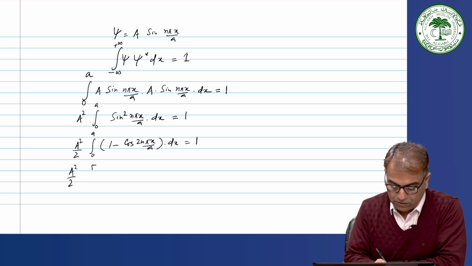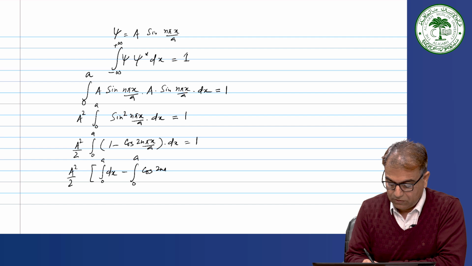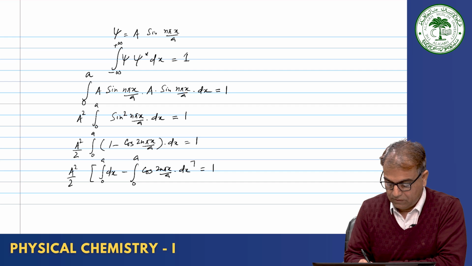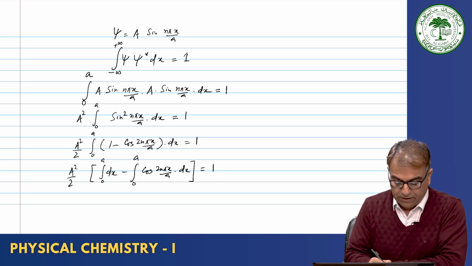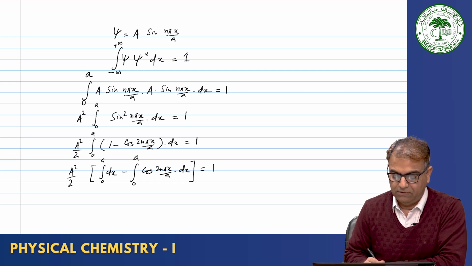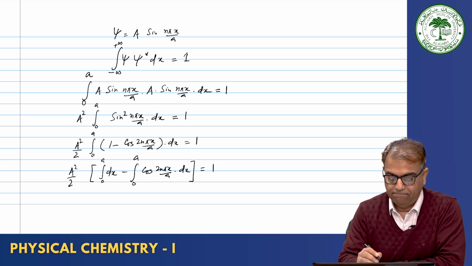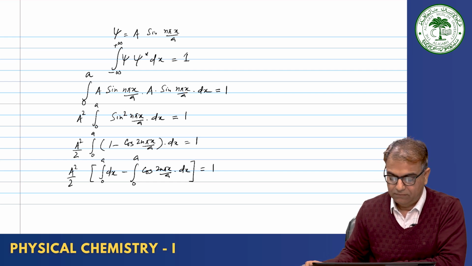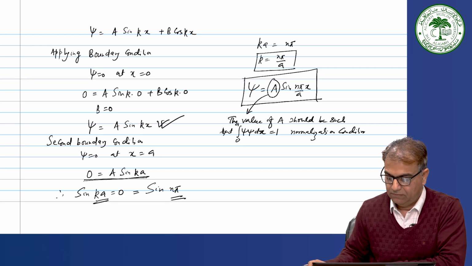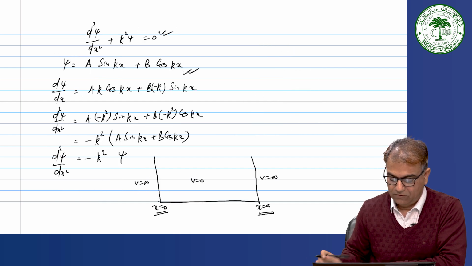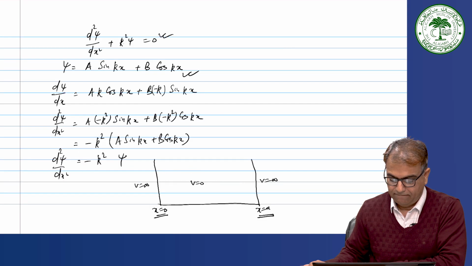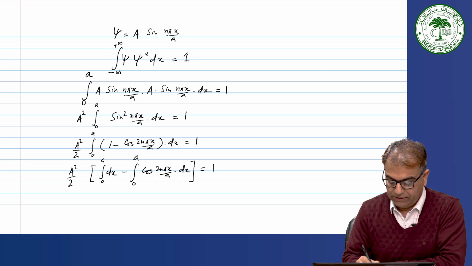A squared by 2. Your first integral is dx between 0 to a, minus the second integral from 0 to a of cos(2 n pi x upon a) dx, and this is equal to 1.